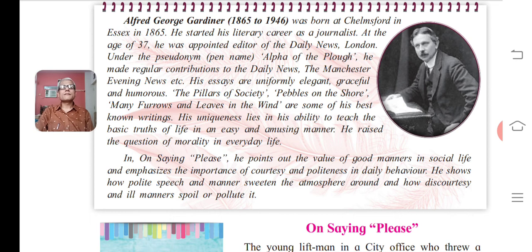First I would like to introduce the writer A.G. Gardiner, whose full name is Alfred George Gardiner. He was born in 1865 and died in 1946. He was born at Chelmsford in Essex.